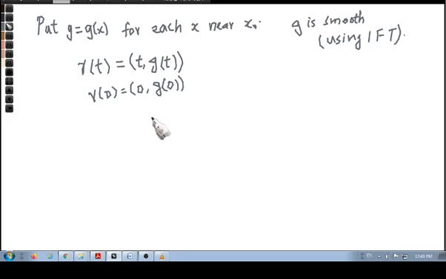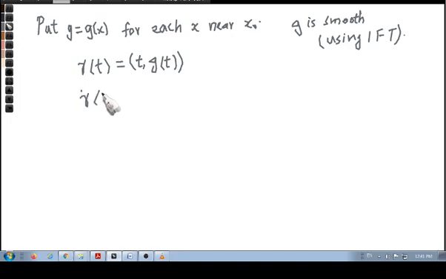When t is equal to 0, this is not very much required, because if the interval does not contain 0, you can translate that interval appropriately.